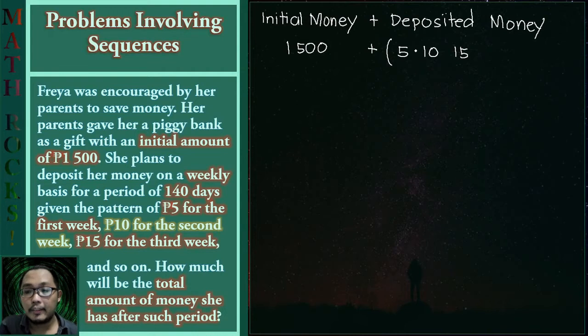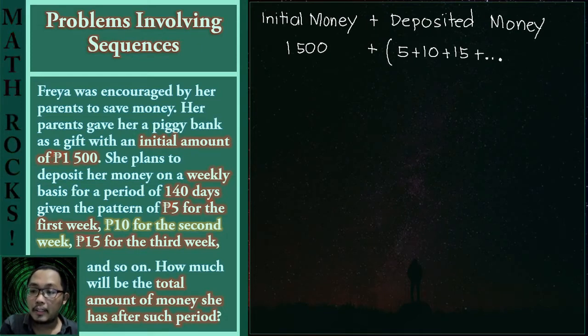Obviously, in order for us to come up with the total amount of the deposited money on a weekly basis, we must add all those values as well. Since we do not know exactly yet what will be the last week for which she has to deposit a certain amount of money, let us look at this information.